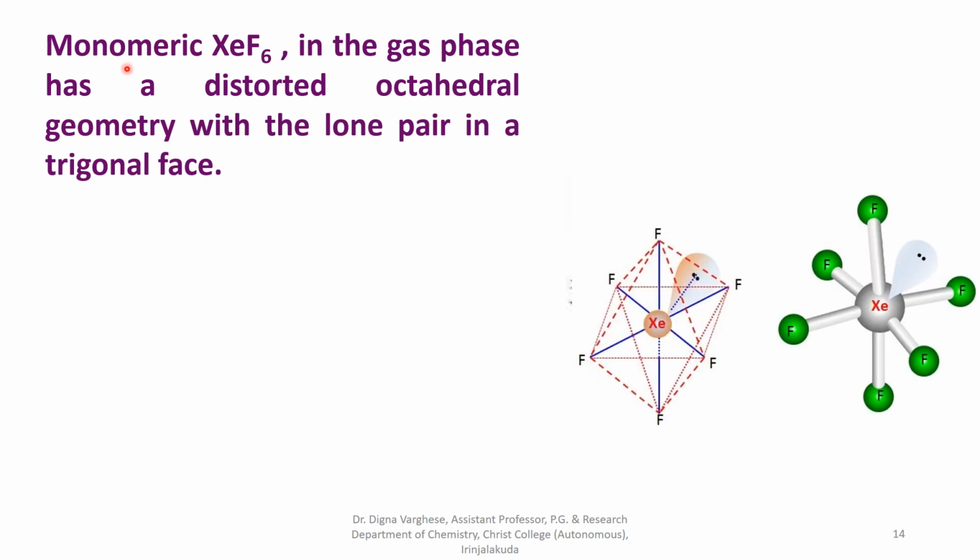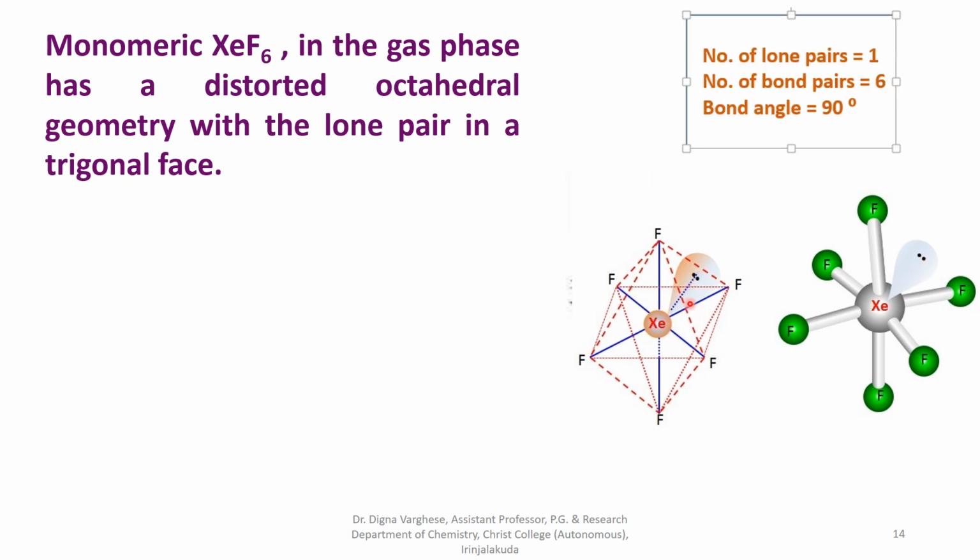Here, the monomeric XeF6 in the gas phase has a distorted octahedral geometry with the lone pair in a trigonal face. The number of lone pairs is 1 and the number of bond pairs is 6. The bond angle is 90 degrees and the geometry of the molecule is a distorted octahedral structure.